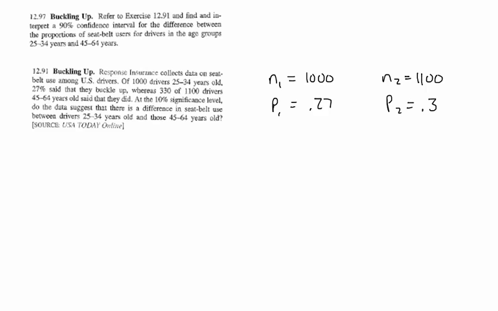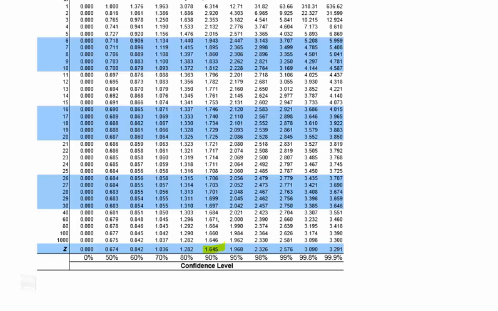And then we're doing a 90% confidence interval. And here in the 12.91, we were doing a 10% significance level two-tailed test. So the Z alpha over 2, which we're going to need, is the exact same, and we can look at the table. If we go to 90% confident and we go to Z, it's 1.645, just like it was in the hypothesis test.